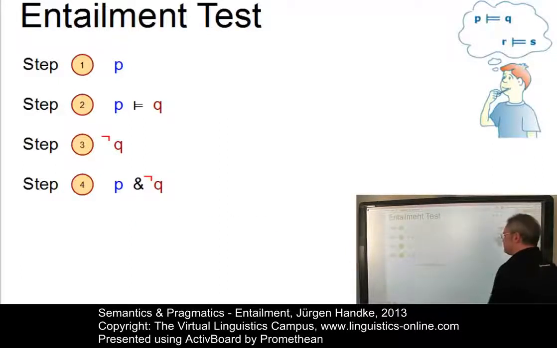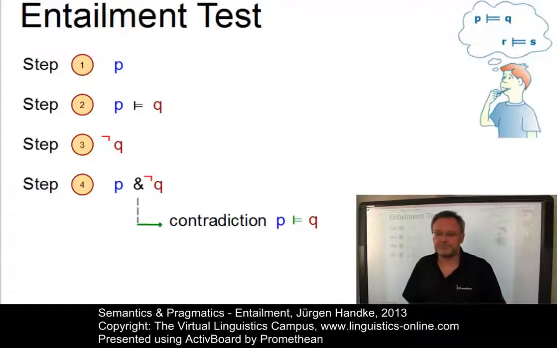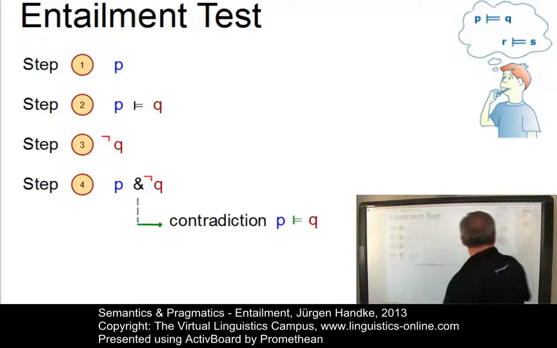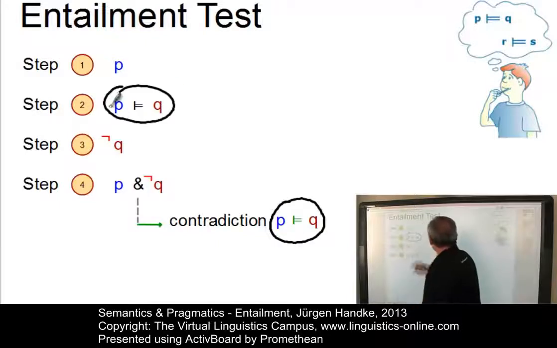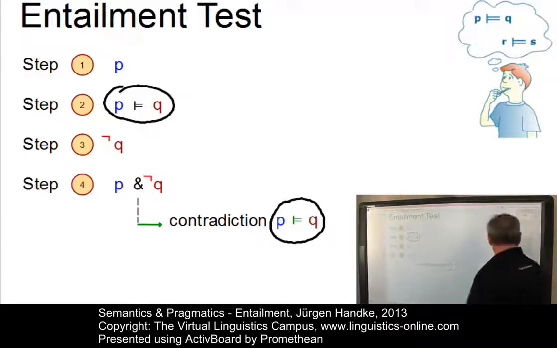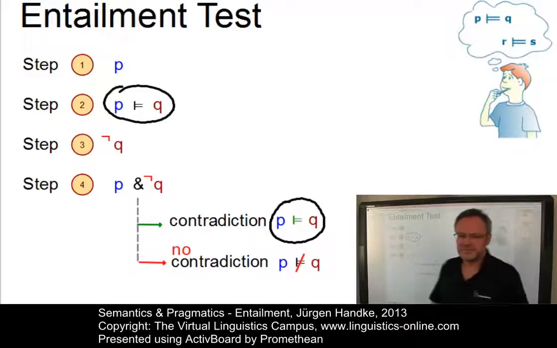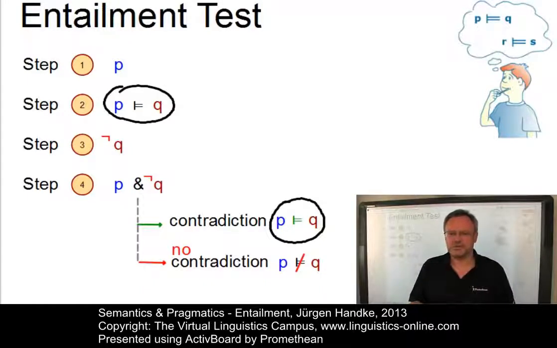If the result is a contradiction or even nonsense, P does entail Q. So then the entailment relationship holds. If the result is fully plausible and no contradiction at all, then P does not entail Q. Let us apply this test to some real examples.